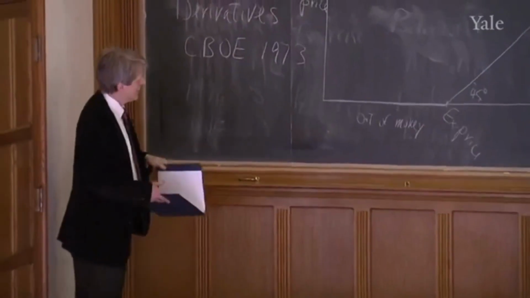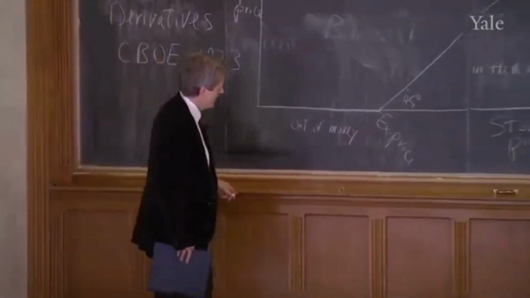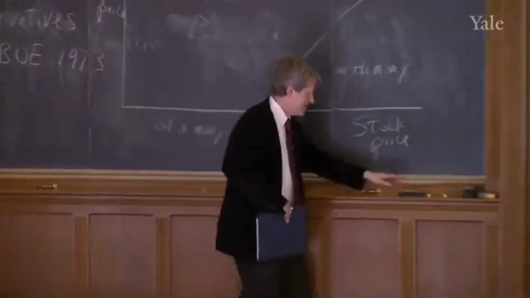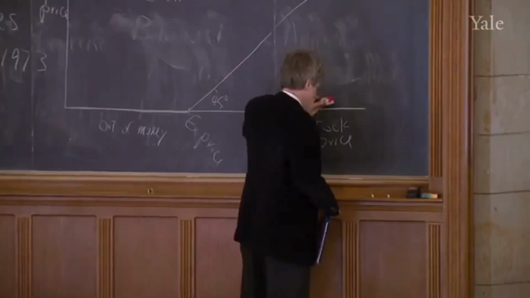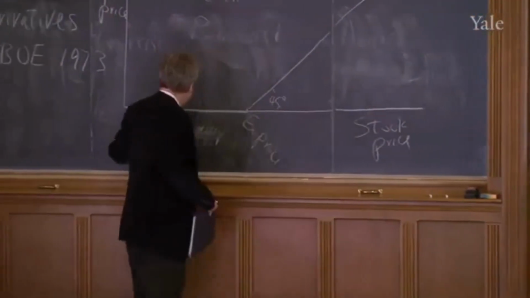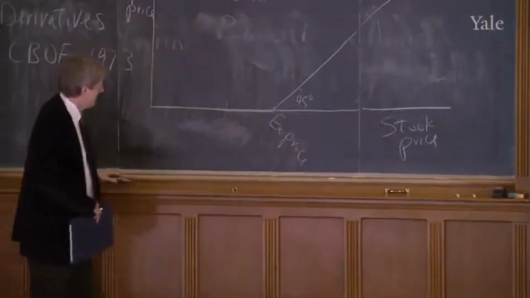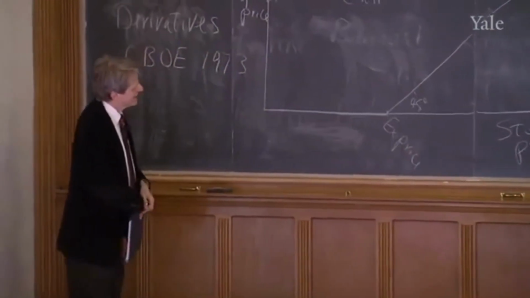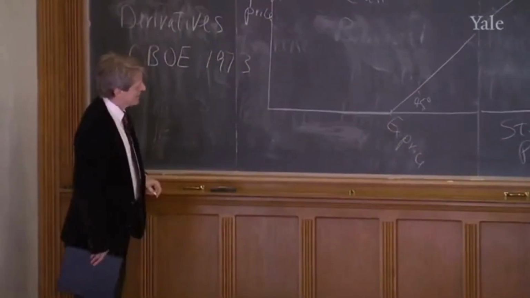Now I wanted to then talk about a put. What is a put? Let me erase where it says in and out of the money. I'll do this with a dashed line so that you'll see which one is which. I'm leaving the call line up.